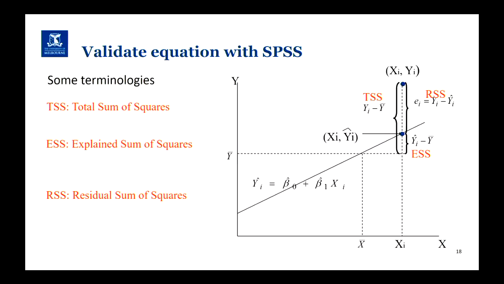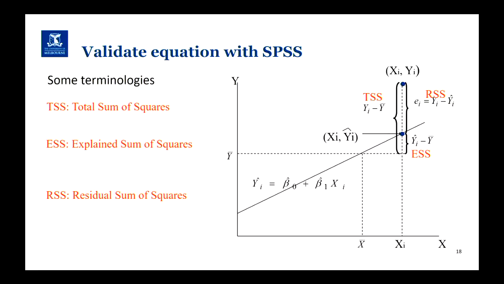And it's a sum of squares, so it's not a single value. We have a series of these values, and we square them first, and then sum them together to get TSS, ESS or RSS.